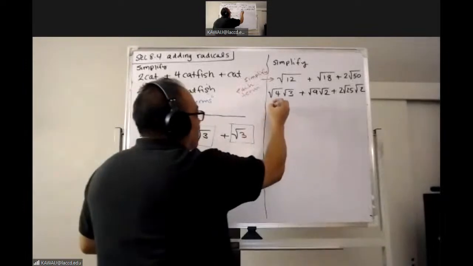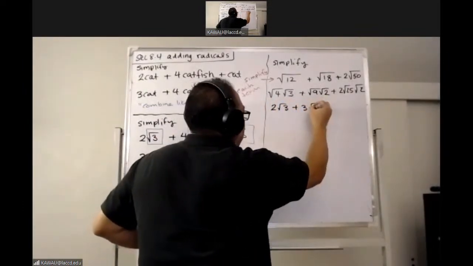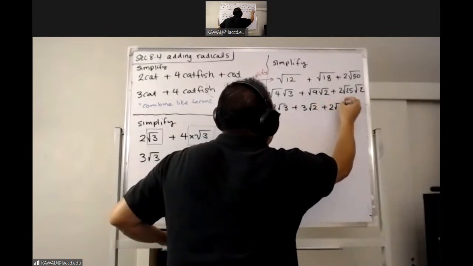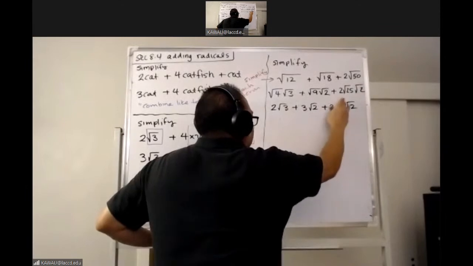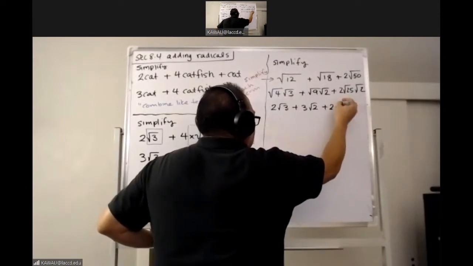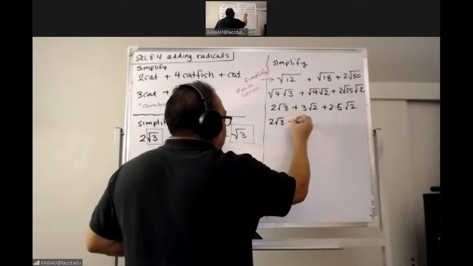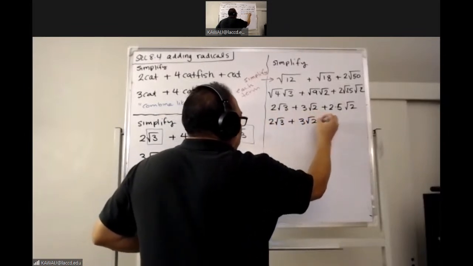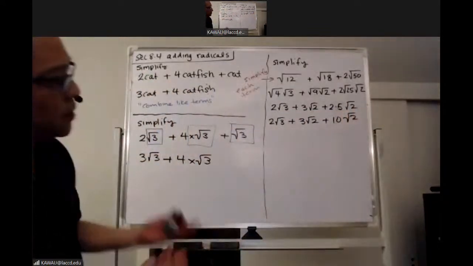So this turns into 2 square root of 3 plus 3 square root of 2 plus 2 times 5 square root of 2. Oops, I'm sorry, 5. So then I would get 2 square root of 3 plus 3 square root of 2 plus 10 square root of 2. Now look at everything that's identical and just combine them.